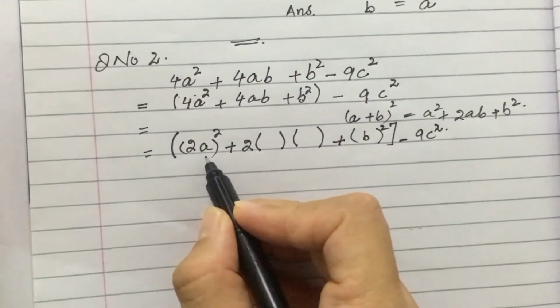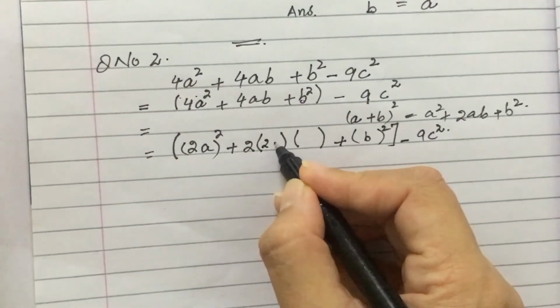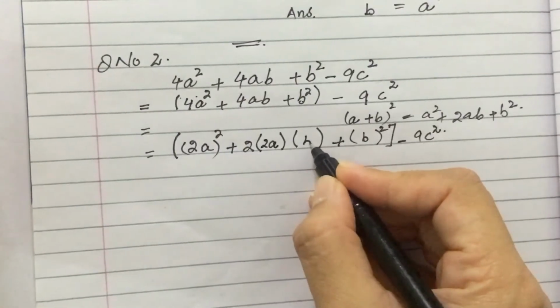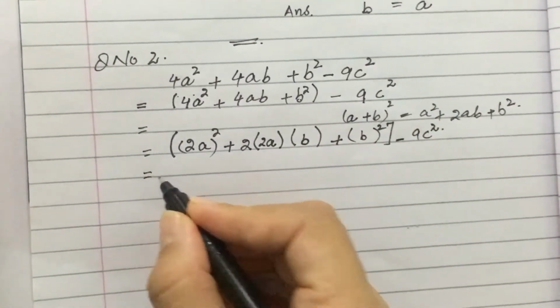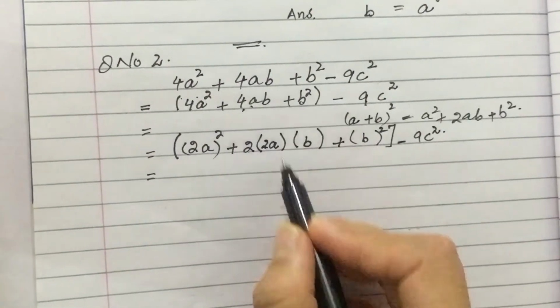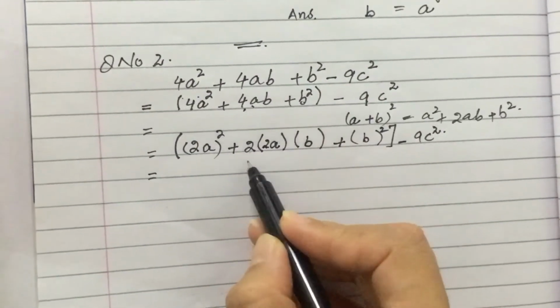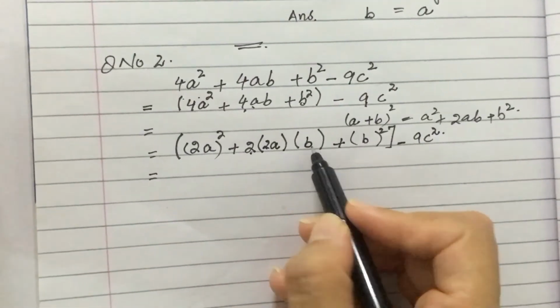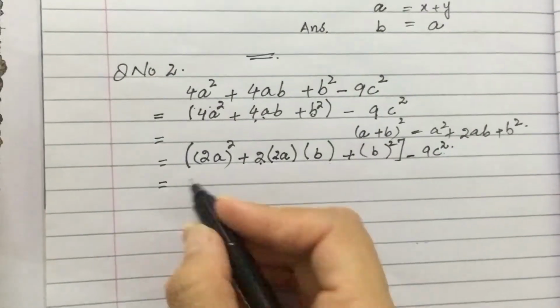The first term is the value of a, so write it here 2a, and the last term is the value of b, so write here b. Now if we multiply it, 4ab, so we will have this central term by factorizing it into 2 into 2a into b, and we also form this formula.